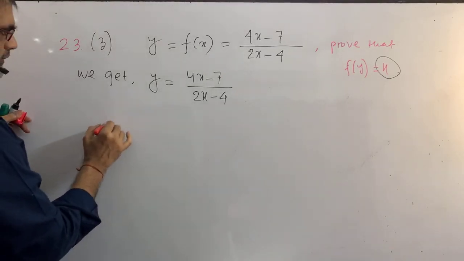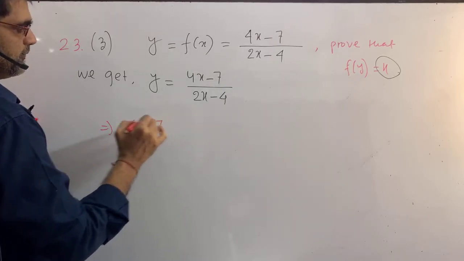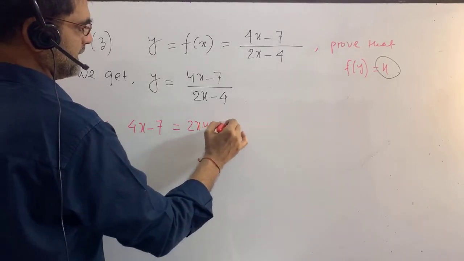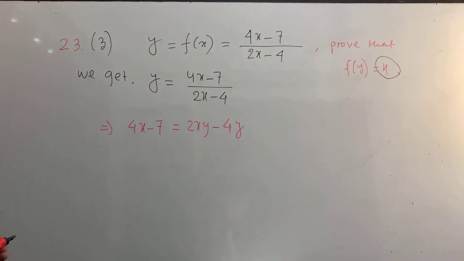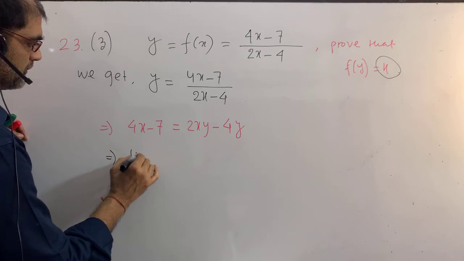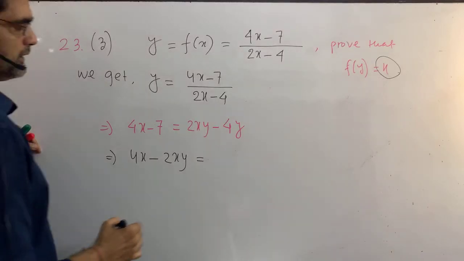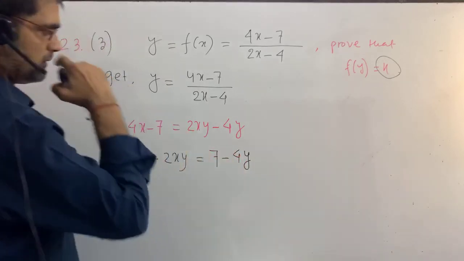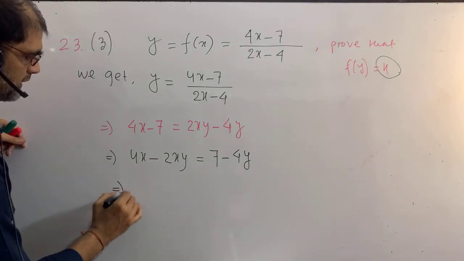You multiply it, that is 4x minus 7 is equal to 2xy minus 4y. I told you that we had to find x, right? We write down 4x minus 2xy is equal to 7 minus 4y. Now we can take x common here.